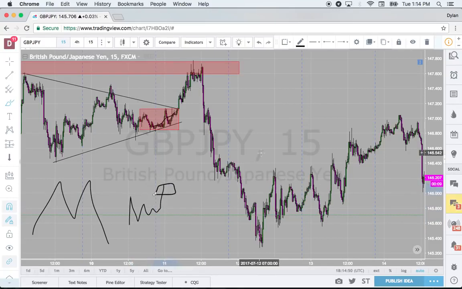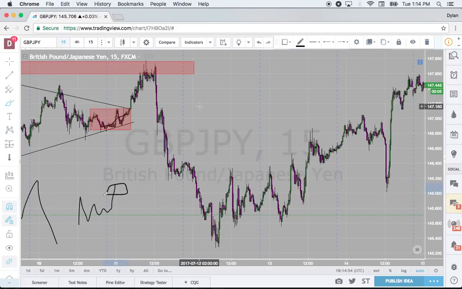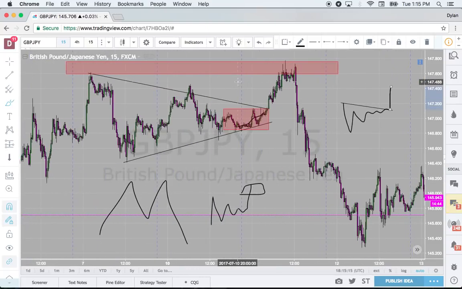Now, I don't know about you, but when I was trading mainstream retail information, I was taught to graph this wedge like this and then trade the breakout. So let's say the breakout is to the upside, we're taught to buy this upside movement.